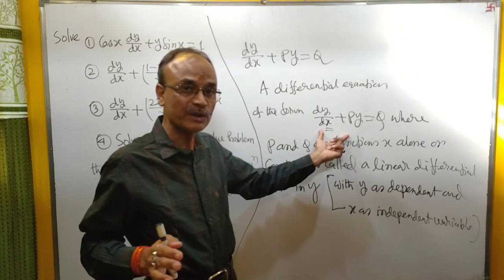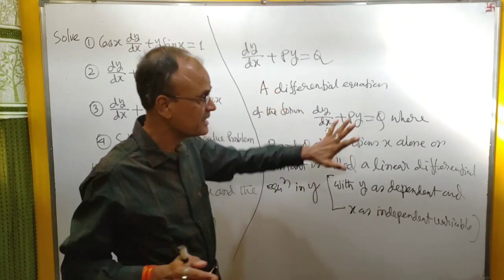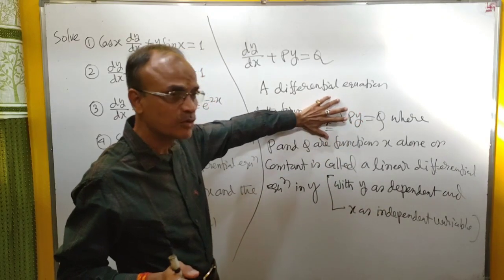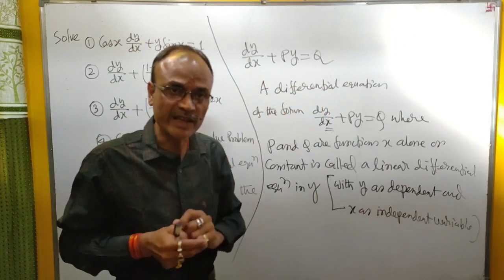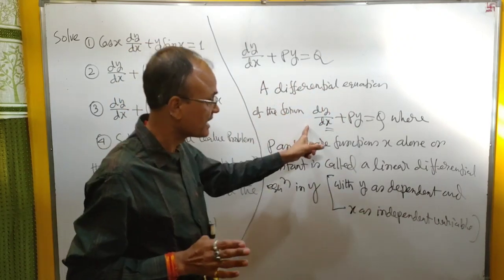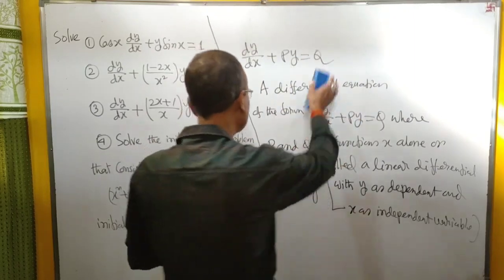Now, to solve such types of differential equations, we will multiply this equation by a factor in such a way that the left hand side becomes a perfect differential. What does it mean?